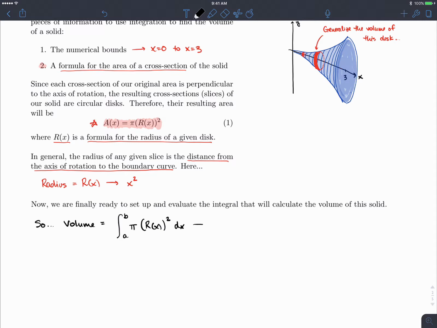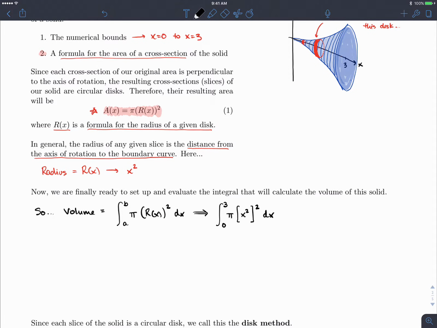And in this case, now that we've defined all of these parameters, this volume is going to be the integral from 0 to 3 of pi times our radius, which is x squared, dx. And at this point, we're ready to integrate. So hopefully we've got something that we can integrate now, and the resulting value will give us our volume.